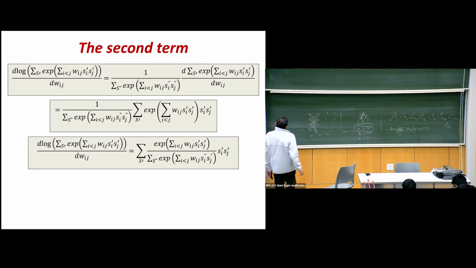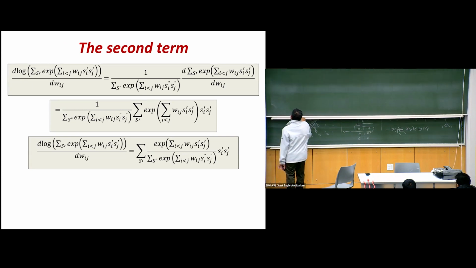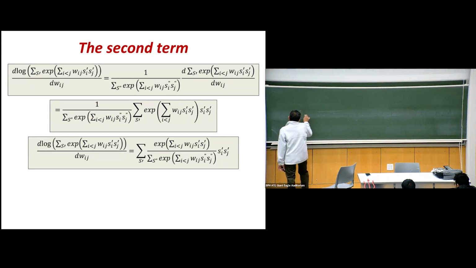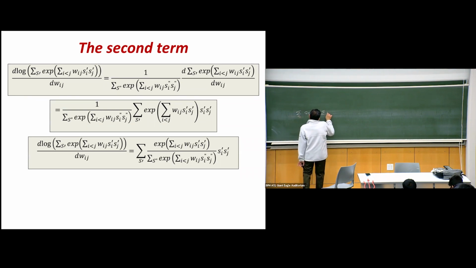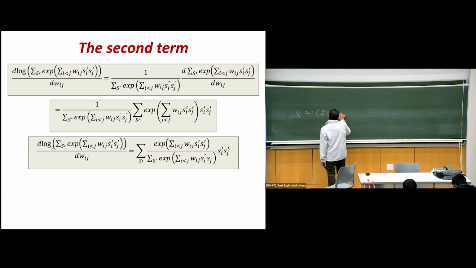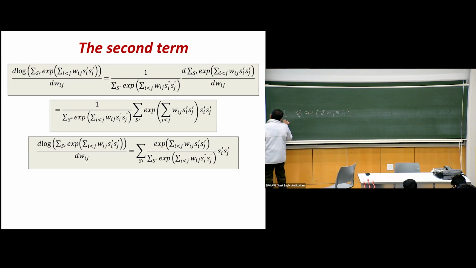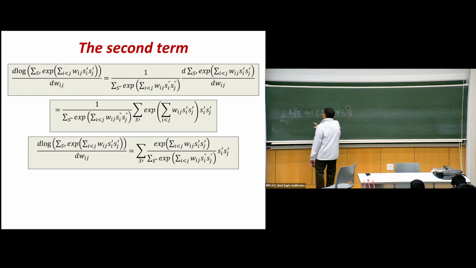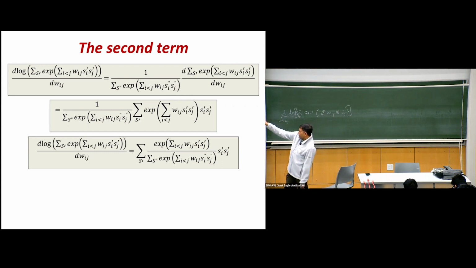If I have summation over S of e to the summation of Wij S prime i S prime j, and if I take the derivative with respect to, say, Wij, the first thing that happens is, because I have a log, this entire term ends up in the denominator, right? So that gives you that first term outside because of the log.